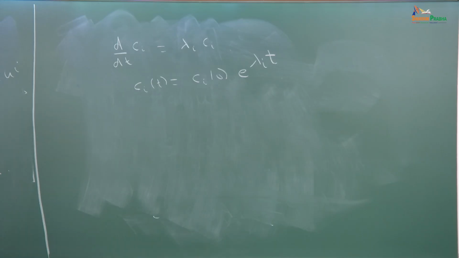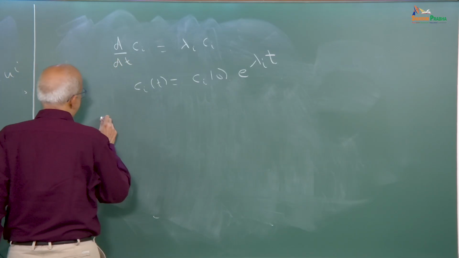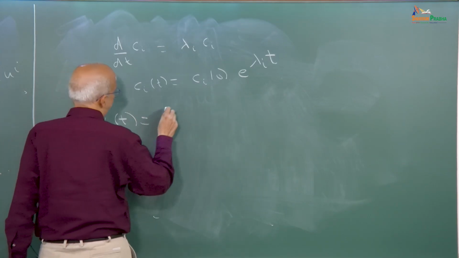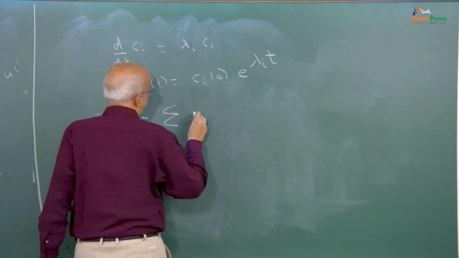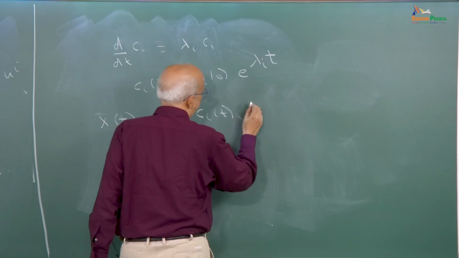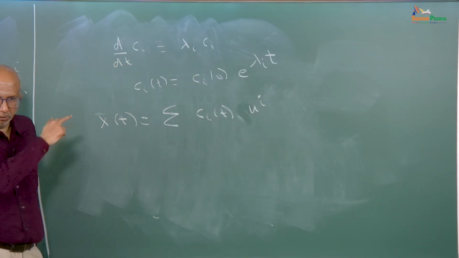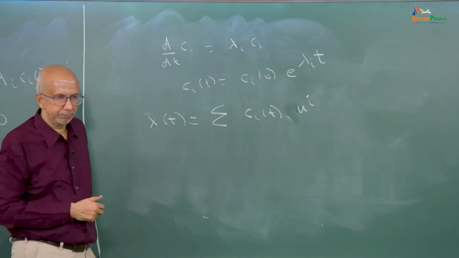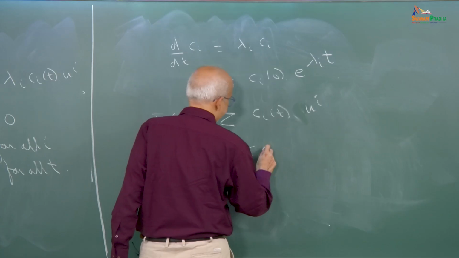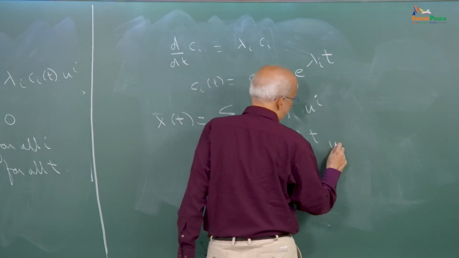So, Ci(t) is going to be of this form, which means my x(t) is going to be of the form Ci(t) e^(ui). This is the form we assumed earlier, what I erased. So, this is going to be of the form sigma Ci(0) e^(lambda_i t) ui.